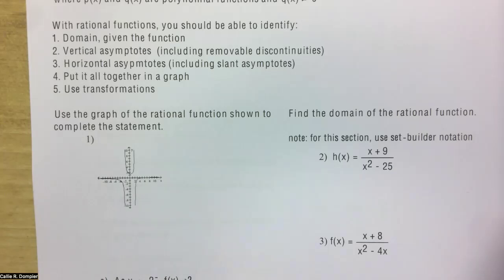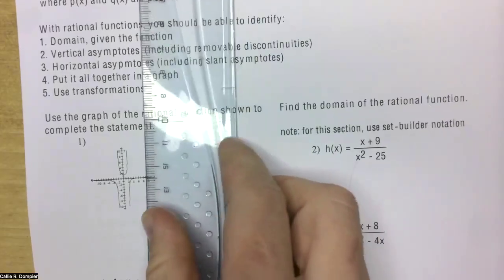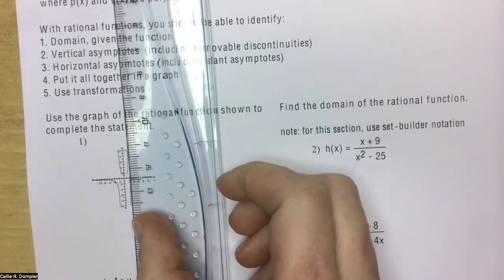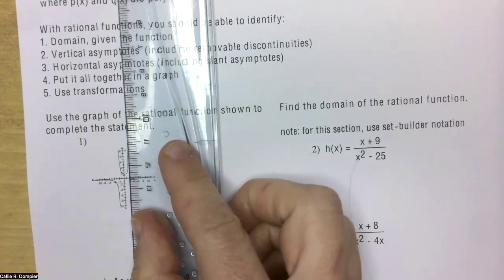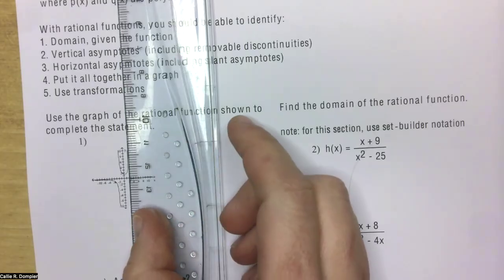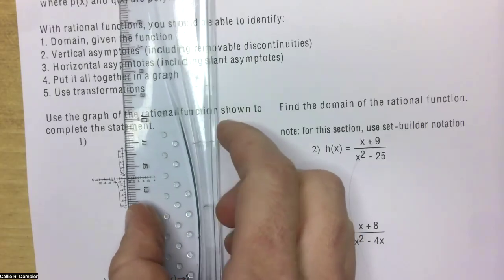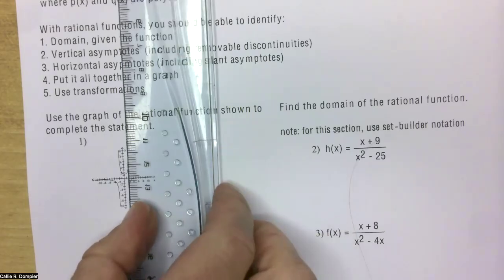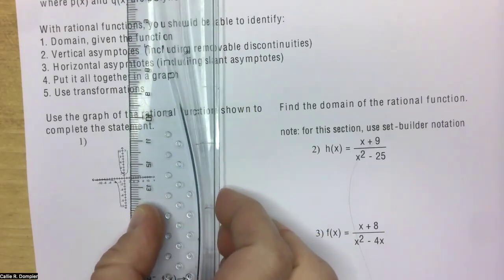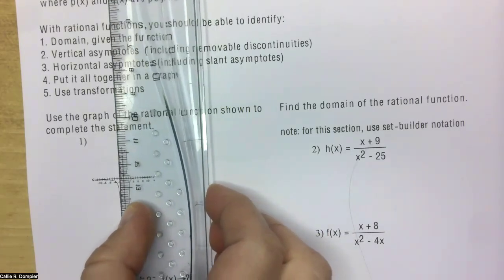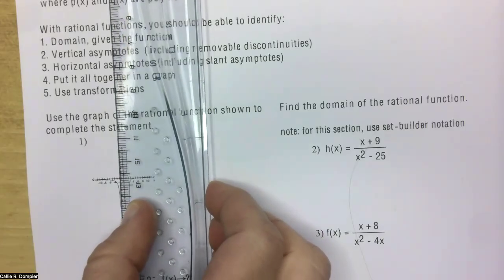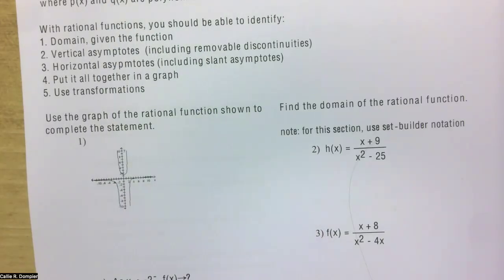So in this case, number one right here has two vertical asymptotes. It's really hard to see because the graph is tiny and the lines get really, really close to the asymptote. But this is a line that this function will never cross. This function will never cross this line. Okay, that's a vertical asymptote.